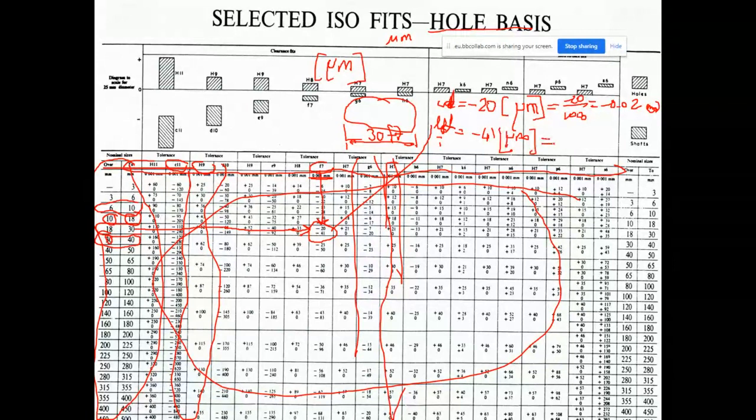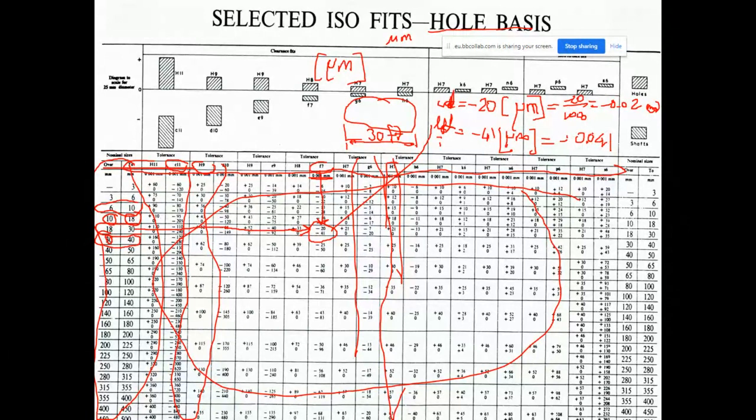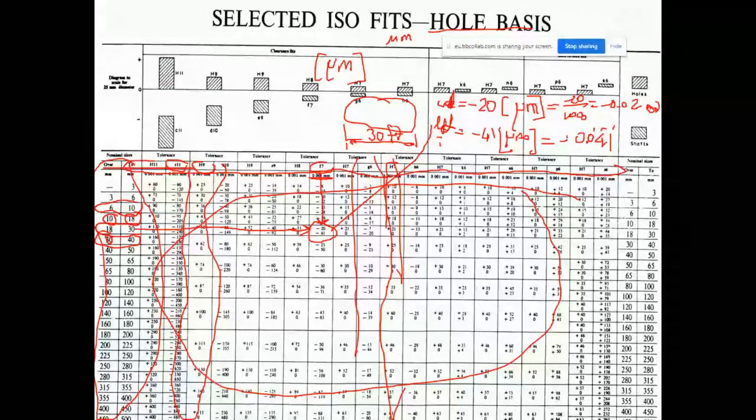Okay, divided by 1000, it is equal to minus 0.041. How many figures do we have at the decimal part? 1, 2, 3. So add one more zero here, 1, 2, 3 figures. These are the deviation values, and then continue.